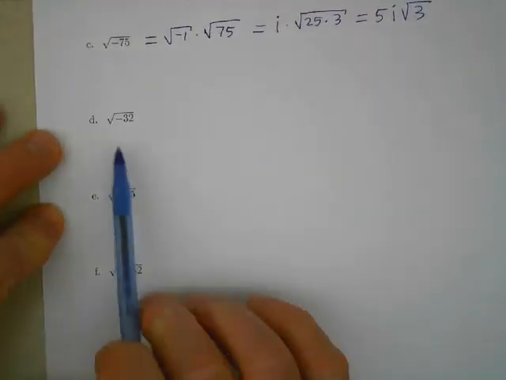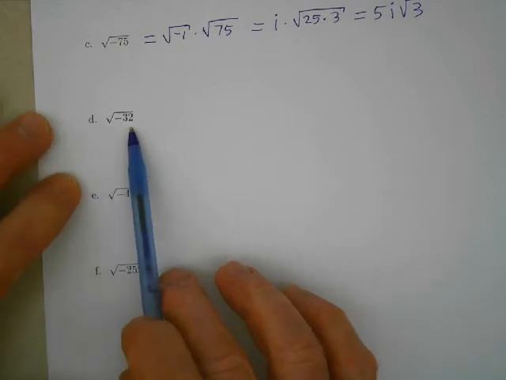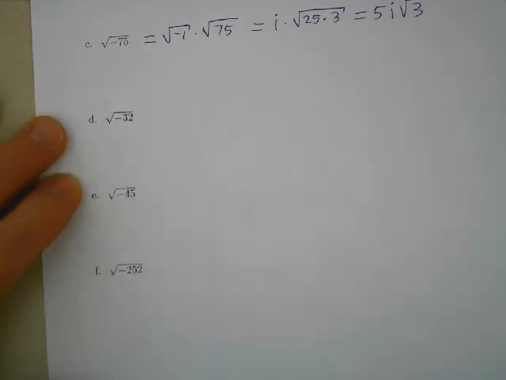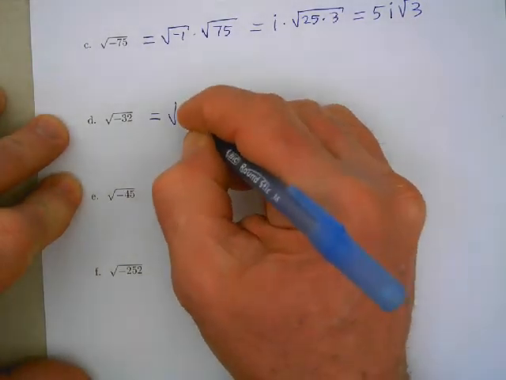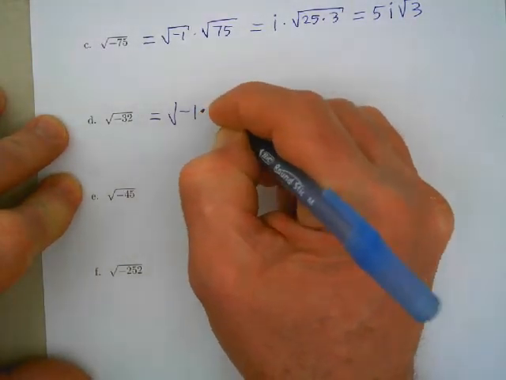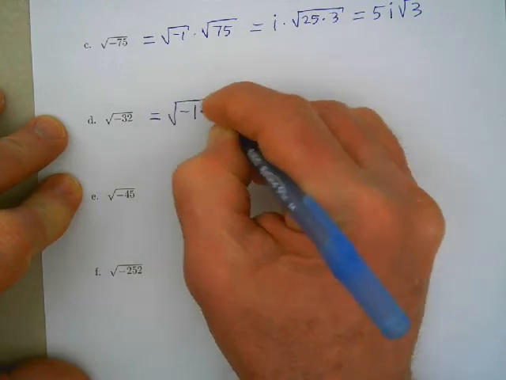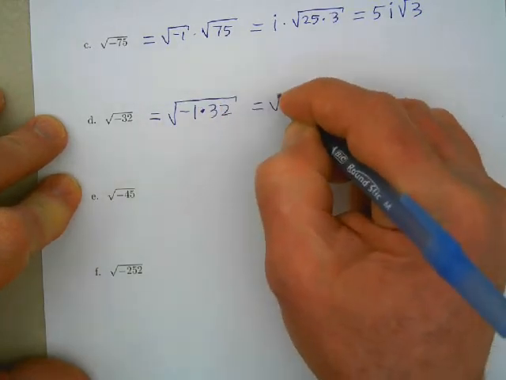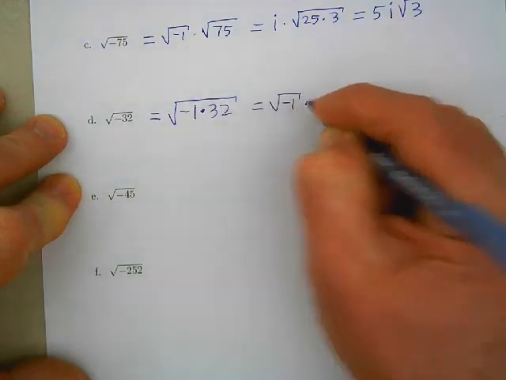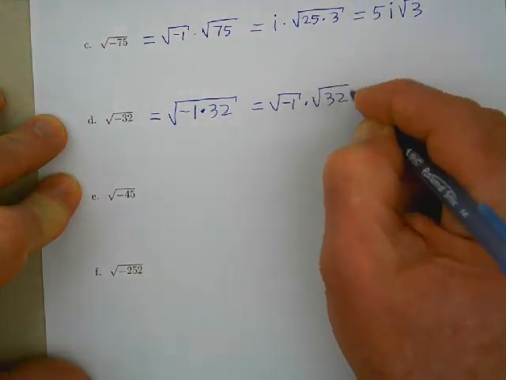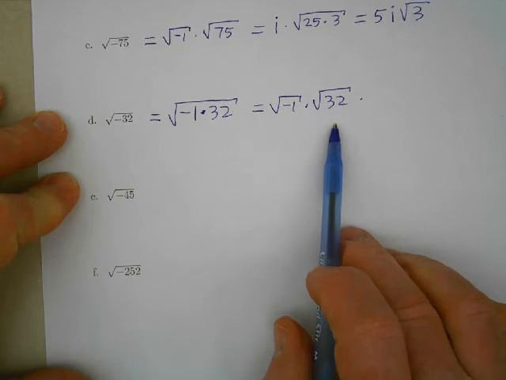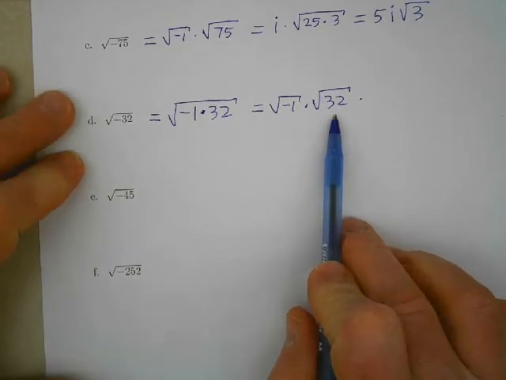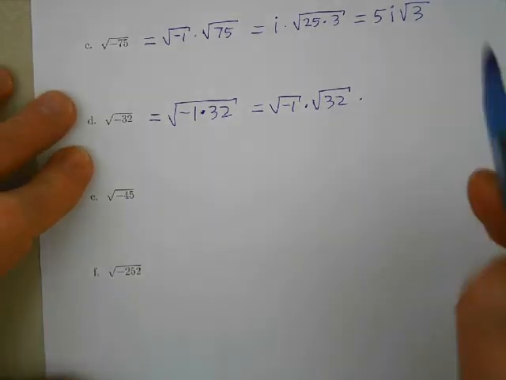Okay, in the next example, the square root of negative 32. Well, this is the square root of negative 1 times 32, which is the square root of negative 1 times the square root of 32. The largest factor of 32 that's a perfect square is 16. 16 times 2 is 32.